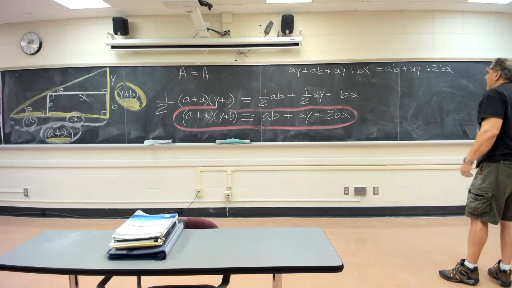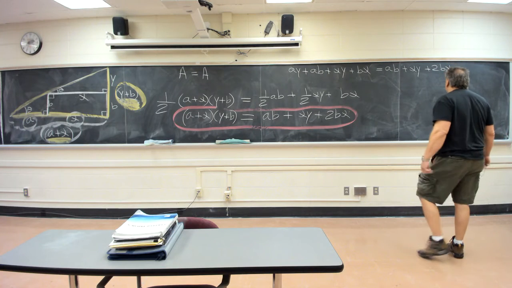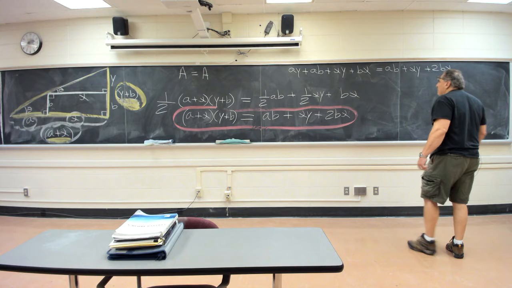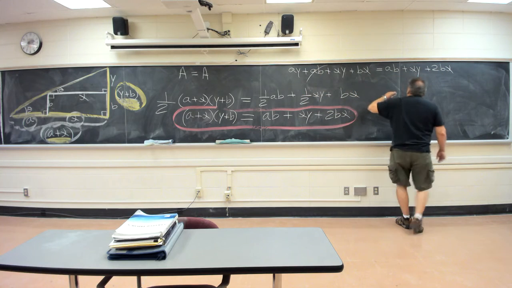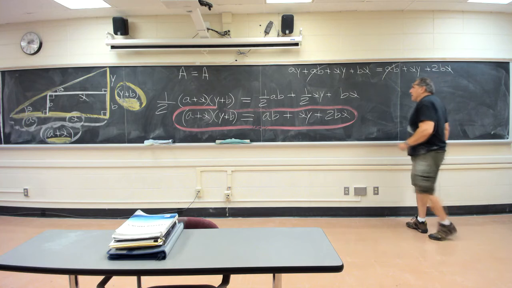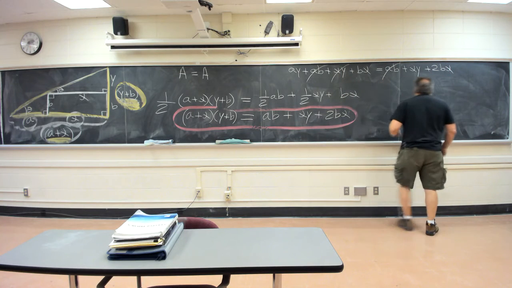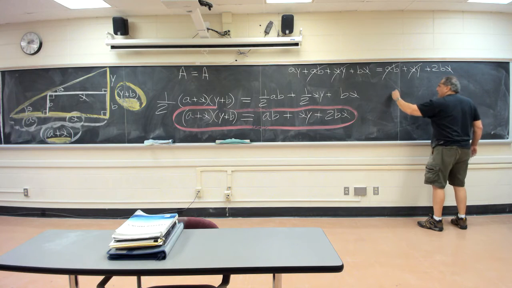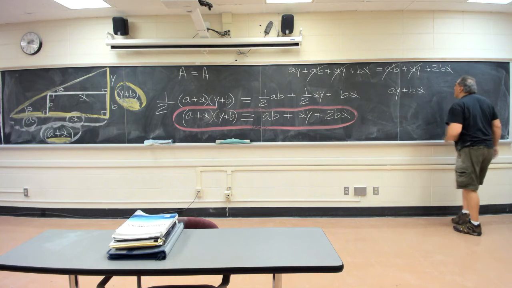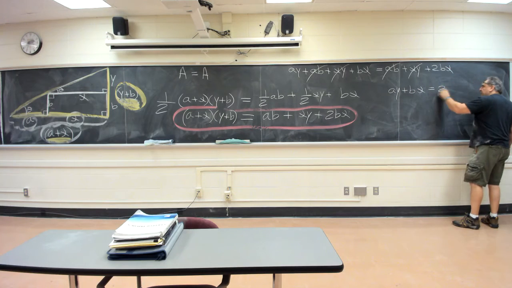Let's see where we're going to go with this. Let me subtract AB on each side. Let me subtract XY on each side. And then I got AY plus BX equals 2BX.